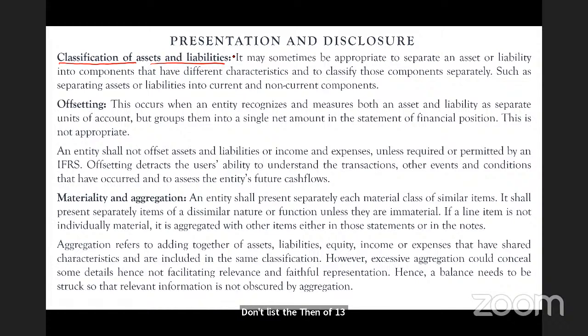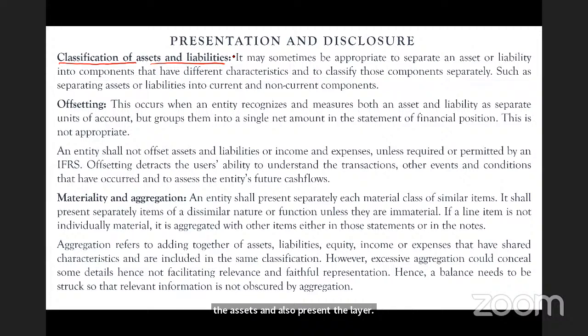The framework is cautioning us about offsetting, because someone can look at assets and liabilities and they may want to offset them. I have assets of 20 million, I have liabilities of 5 million. Someone just reports net assets of 15 million. So the framework is telling you from the onset that you have to present all the assets and also present the liabilities.